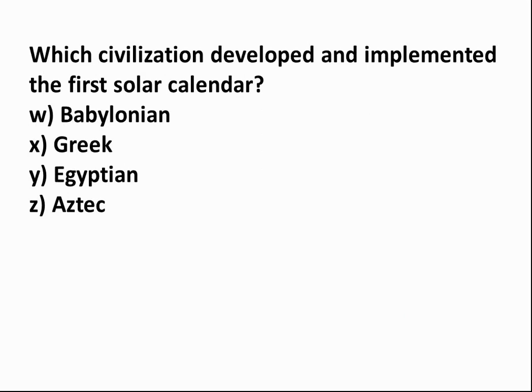Which civilization developed and implemented the first solar calendar? W. Babylonian. X. Greek. Y. Egyptian. Z. Aztec. Answer: Y. Egyptian.